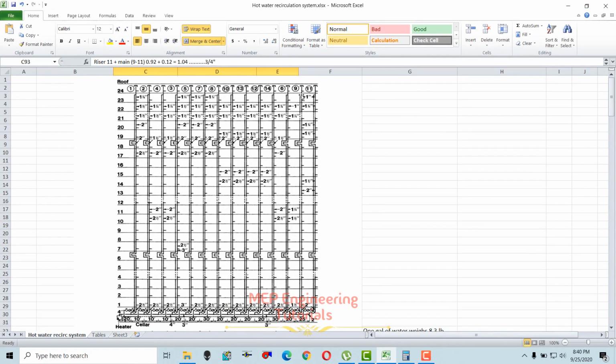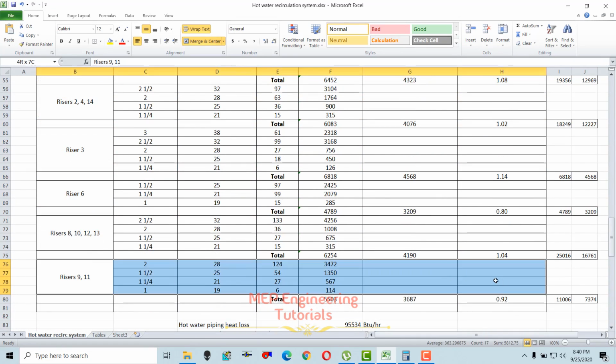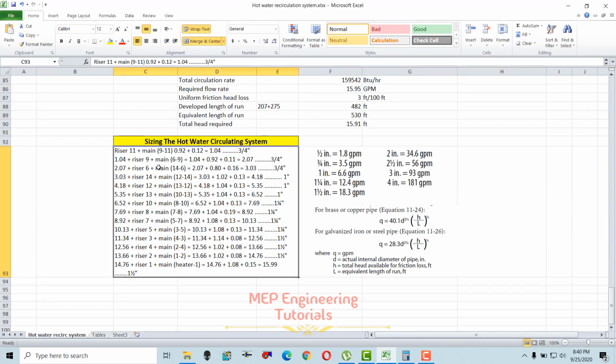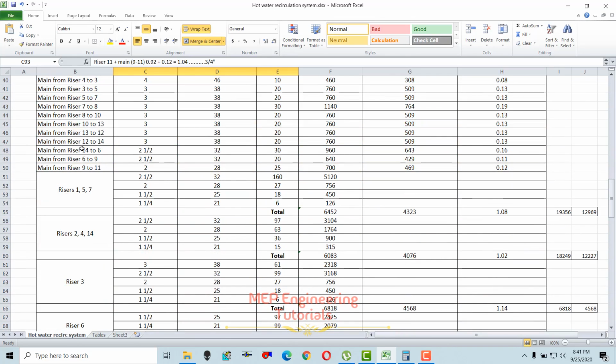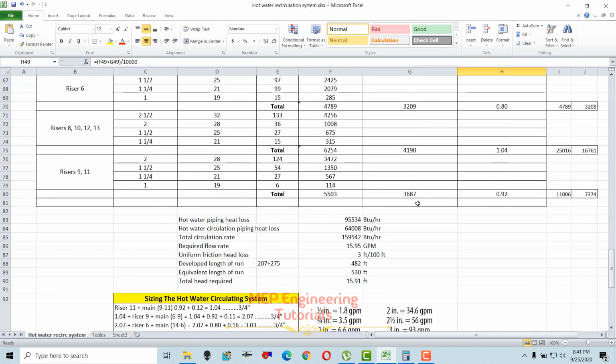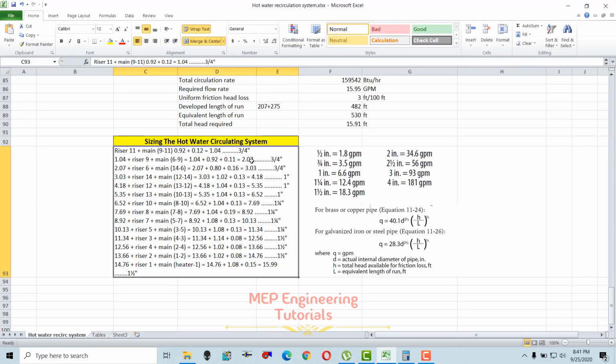Riser 9 GPM is 0.92, so we write riser 9, 0.92. The last one is main 6 to 9. The GPM between 6 and 9 is 0.11, so you have to write 0.11 here. Now you know all the GPMs, just add them, and the total will be 2.07. Again, 2.07 is less than 3.5 GPM, so we can use 3/4 inch pipe size. So we have used 3/4 inch here.